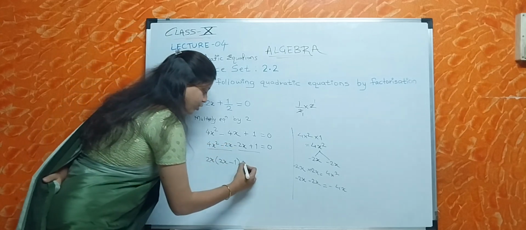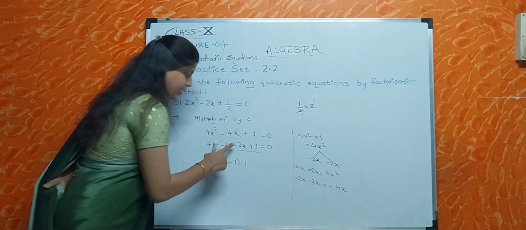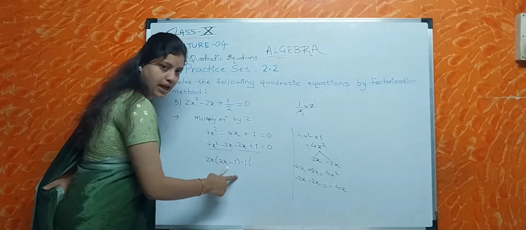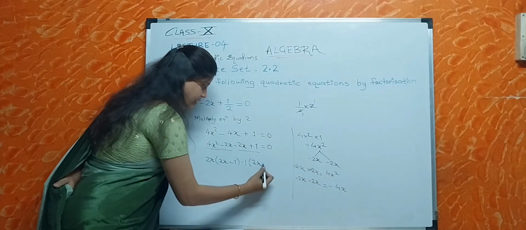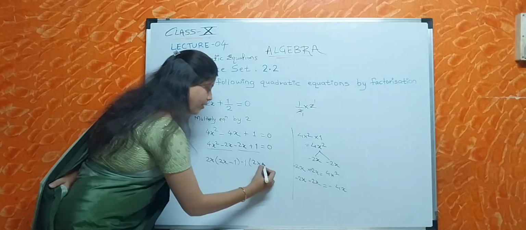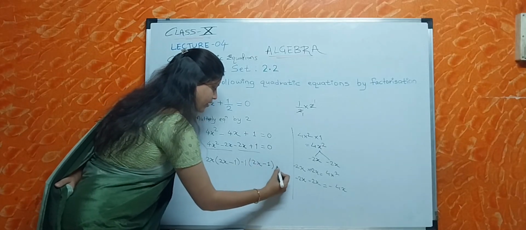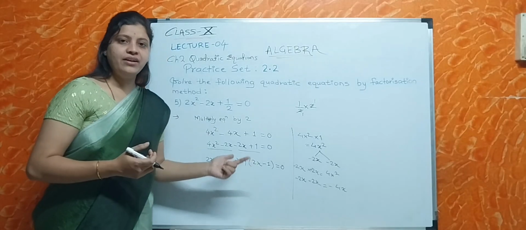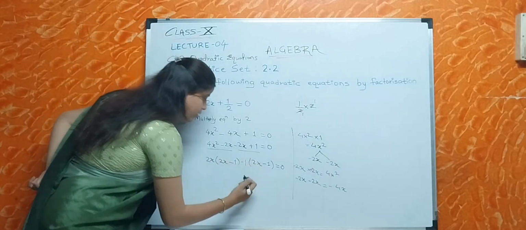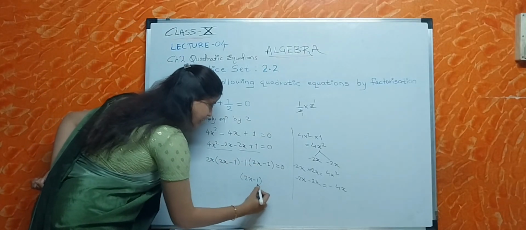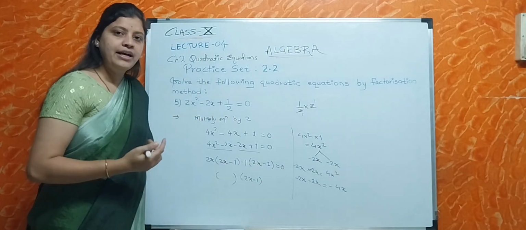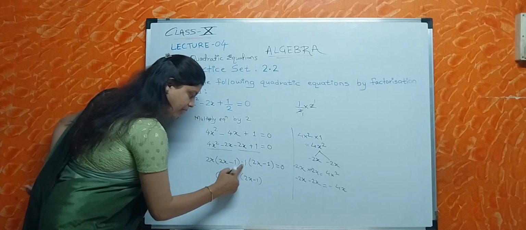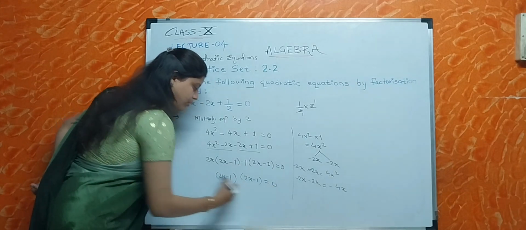Nothing, so the common factor we take is 1, but the sign here is minus, so minus 1. In the bracket, minus 1 is outside, the remaining part is 2x minus 1 is equal to 0. When we get the same bracket here, we are in the correct direction. So 2x minus 1 in one bracket and the remaining terms in another bracket. So 2x minus 1 is equal to 0.